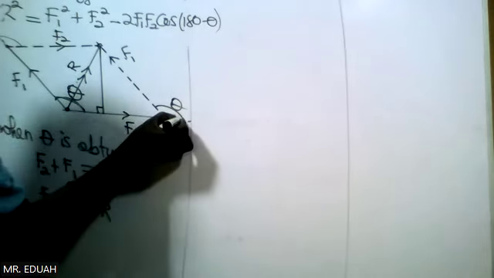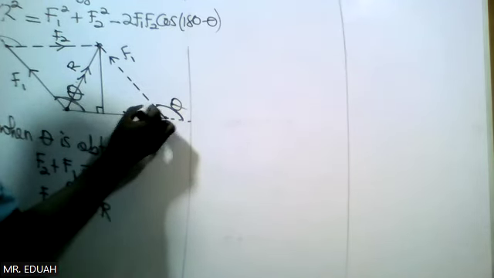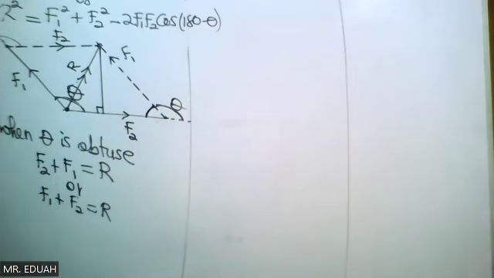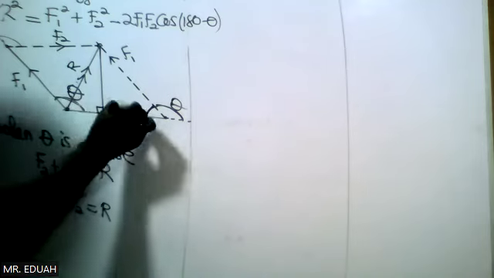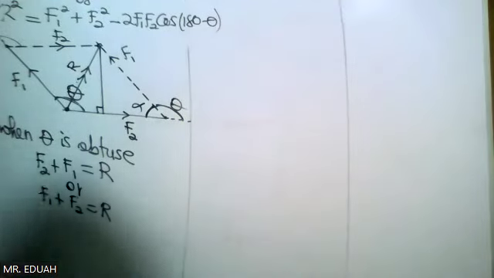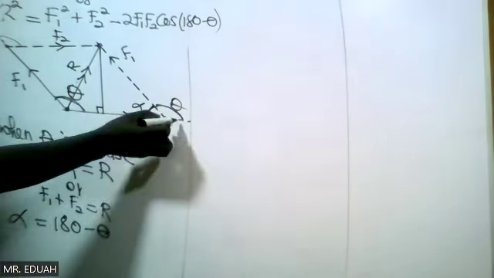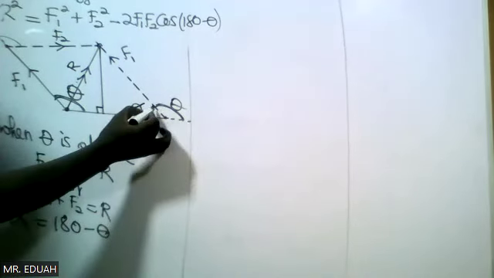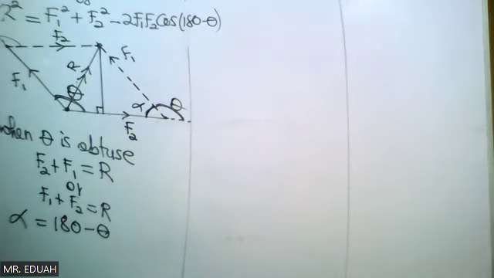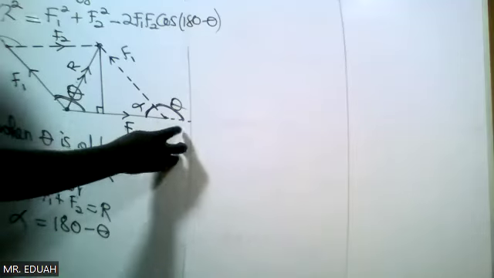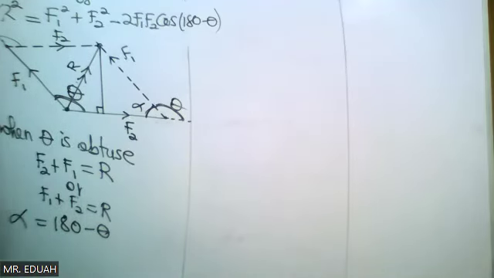Now, if this angle is theta, what will be this angle? 180 minus theta. We will call this alpha. So alpha is equal to 180 minus theta. If this is 120, because we are talking of an obtuse angle, this will also be 120, and this will be 60.